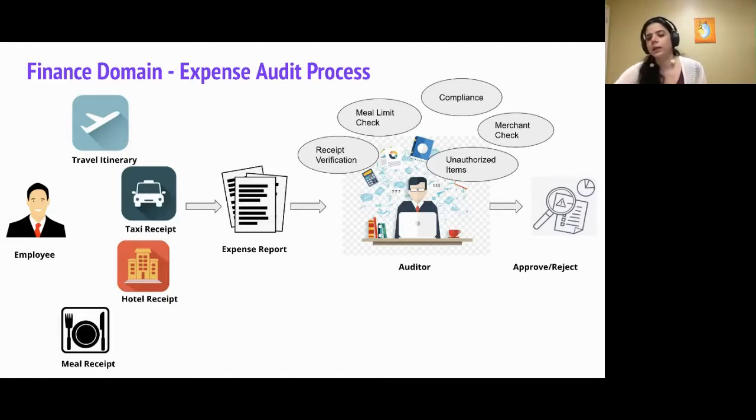So the auditors need to check through every item on the receipt to make sure these items are not there, and that all the checks and balances, the rules of the company, are followed. Typically there are about 20 to 30 rules that the auditor has to go through per receipt, to make sure that the claim is correct, and then they can finally approve it.